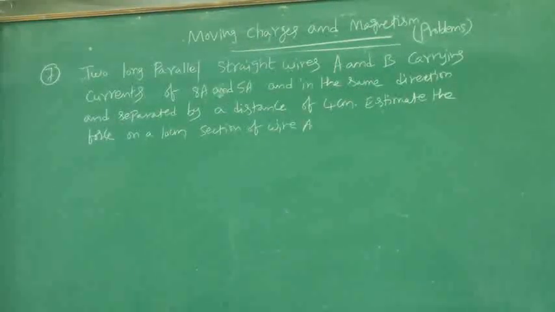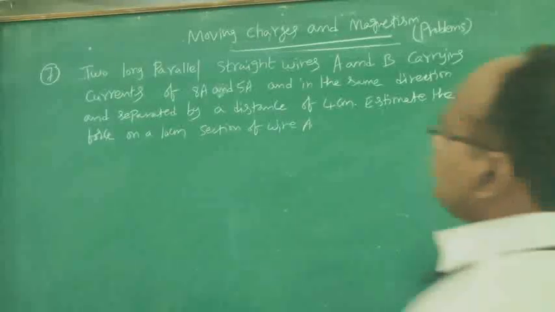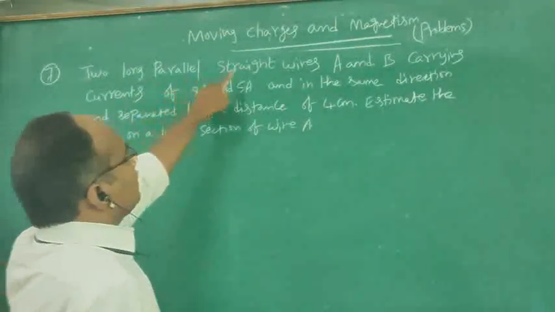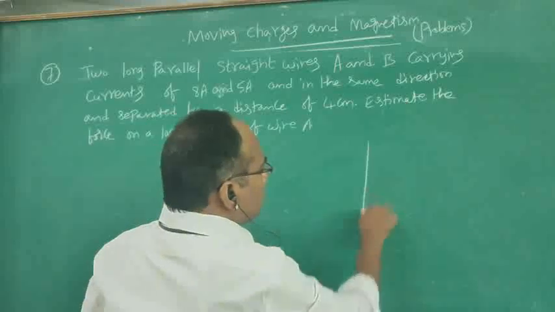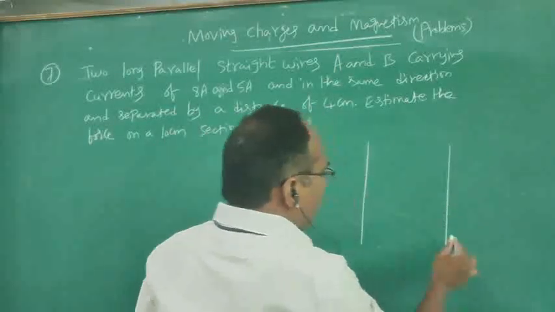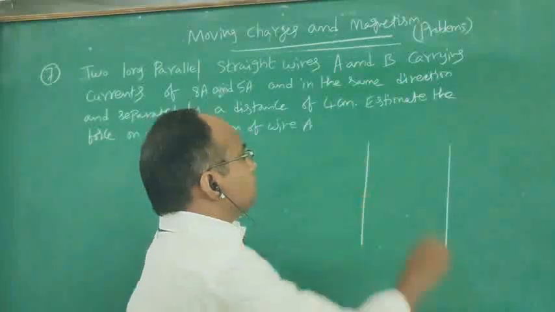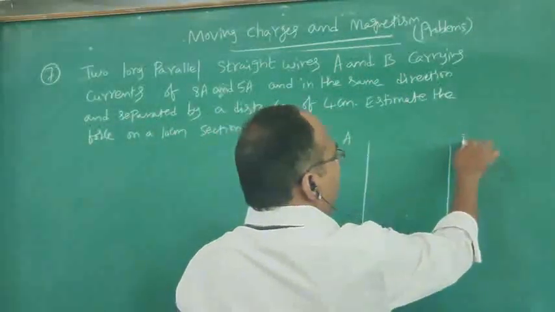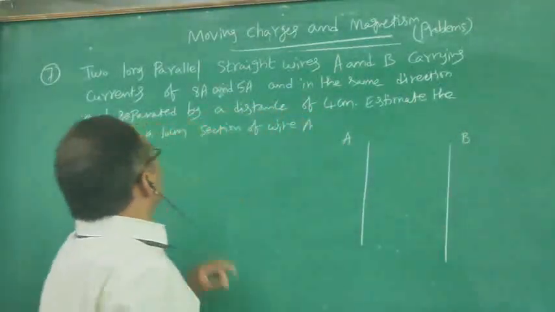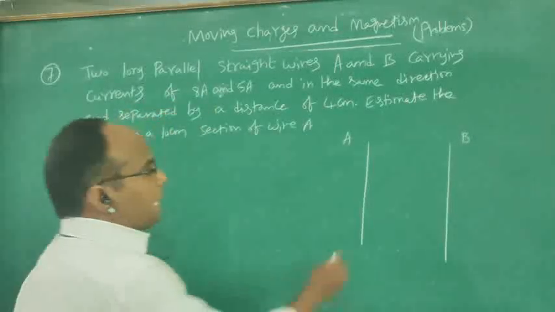So here, seventh problem. Two long straight parallel wires, A and B. So this is assumed as A and this is B, carrying currents of 8 ampere.